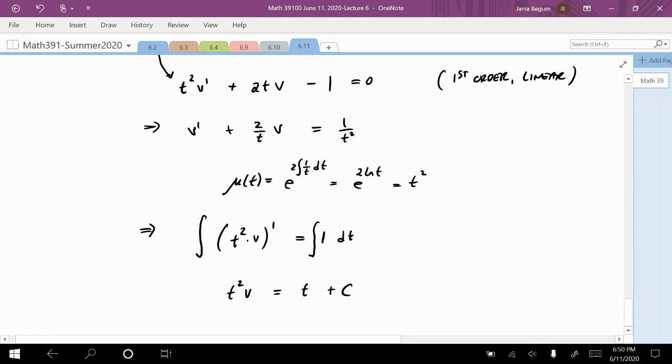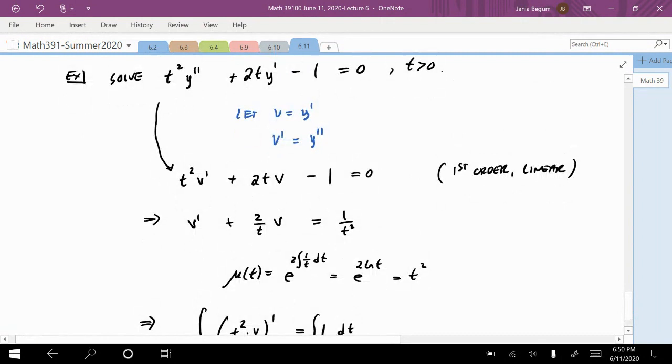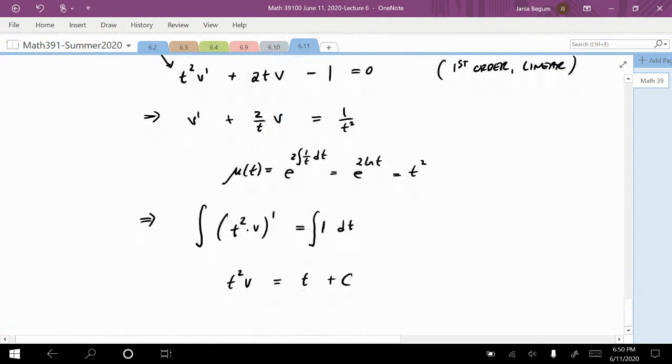Now, because you're doing second order, which is the equation you started with, we have to have 2 constants in our solution, okay? So I'm going to call this one C1. Or you can put C, D, A, B, whichever constant you like, but I'm going to keep it C1, and the second constant I'll label as C2, but it's up to you how you want to label your constants.